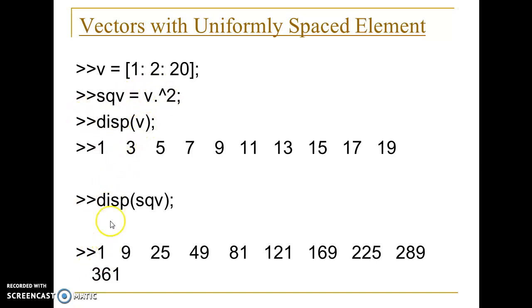Hence, disp(SQV) is nothing but the square of V: 1 square 1, 3 square 9, similarly 5, 25, 7, 49, 81, 121, 169, 225, 289 and 361. So here we can have uniformly spaced elements and we can perform operations like multiplication and exponentiation on the uniformly spaced elements also.